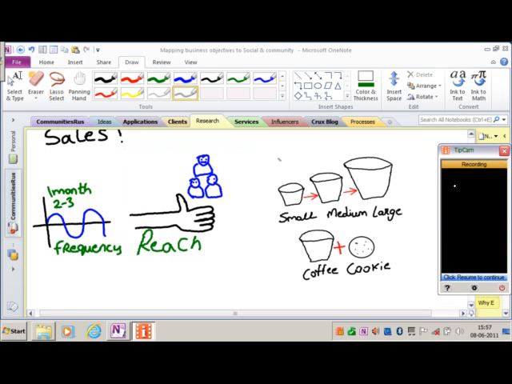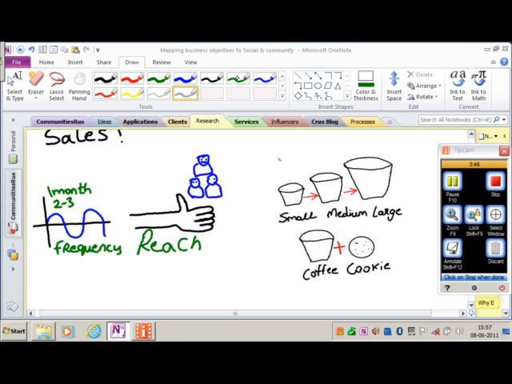The third way is something which quite a few organizations do, which is upselling. Let's say you're a coffee shop, you could upsell to your existing customers, looking at increasing the value of the transaction, which ultimately is the yield per transaction.